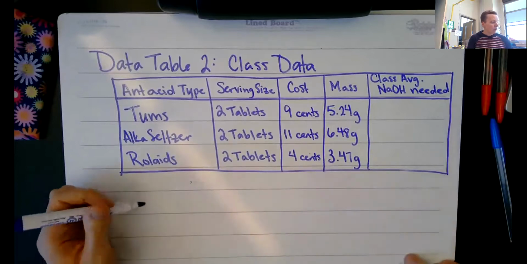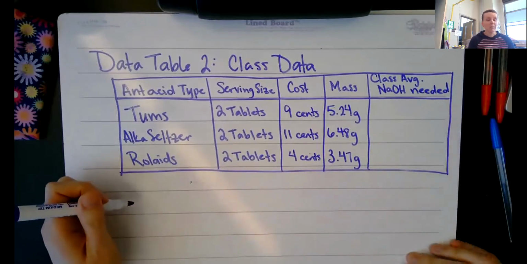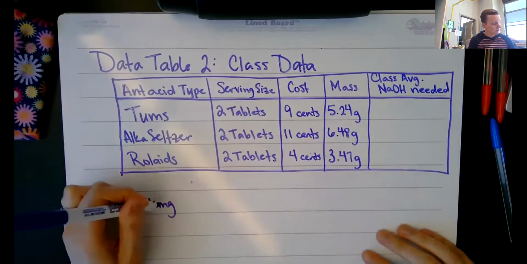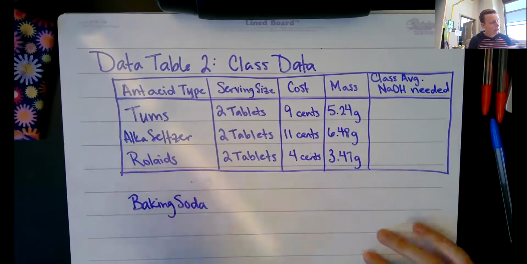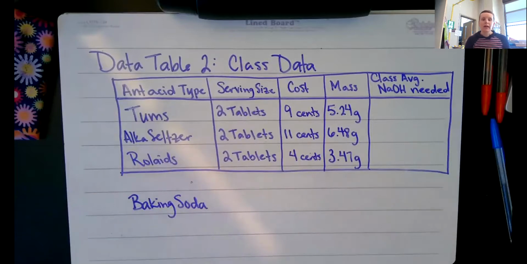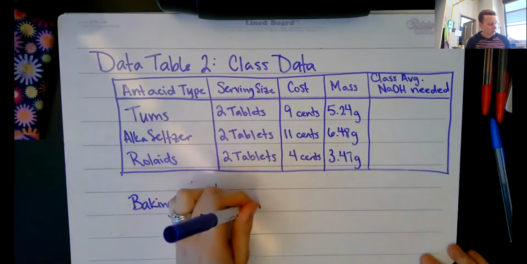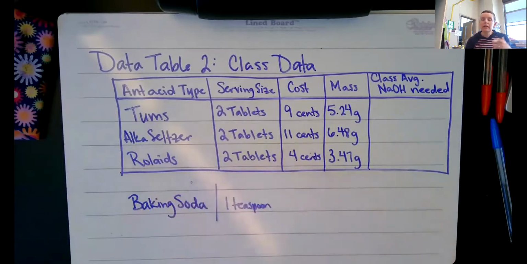Okay, so my other example, I bet you didn't know this, but you can take baking soda as an antacid, okay? And the directions for that is you just dissolve 1 teaspoon of baking soda into some water, and then you drink it.